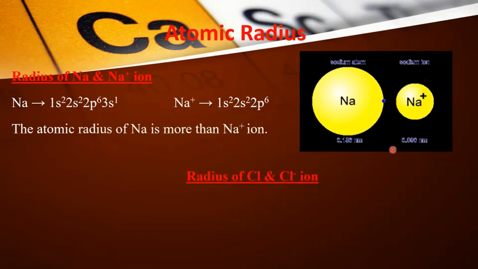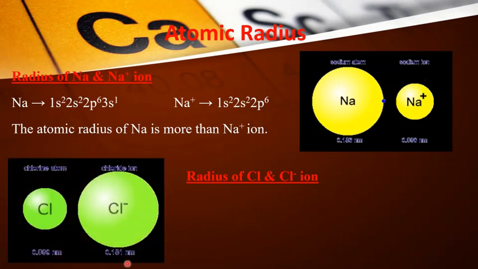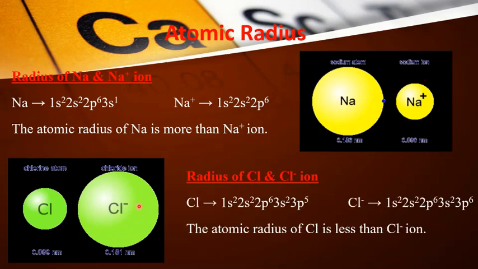But the radius of chlorine and chloride ion: the radius of chloride ion is more than chlorine. Why? Because when chlorine becomes chloride ion, no shell is reduced. Chlorine has 3 shells, and chloride also has 3 shells. But there is a difference.